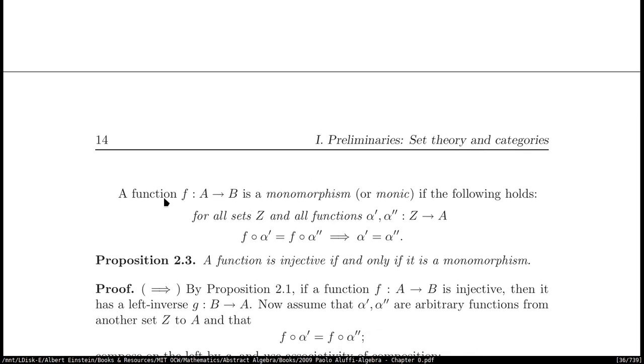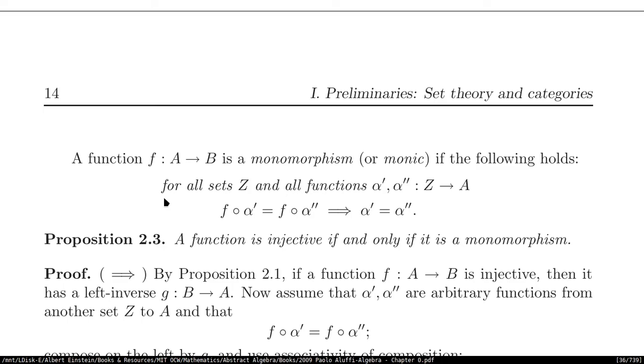A function f from A to B is a monomorphism, or as is often said, monic, if the following holds: for all sets Z and all functions alpha prime and alpha double prime which go from Z to A, if f circ alpha prime is equal to f circ alpha double prime, it means that alpha prime and alpha double prime are equal. If that's the case, then it's a monomorphism.